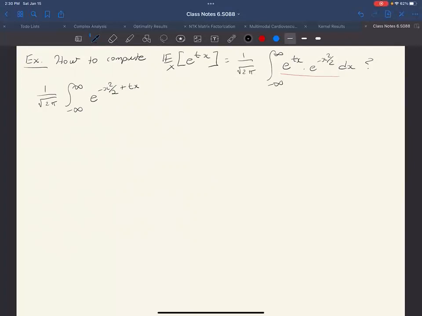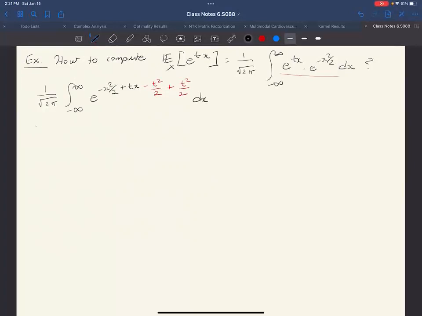So let's say I end up adding a t squared over 2, and I want to subtract and then add a t squared over 2. Actually, let me do this in red so it's clear. This will be dx.